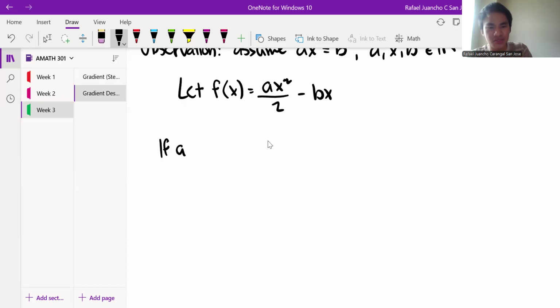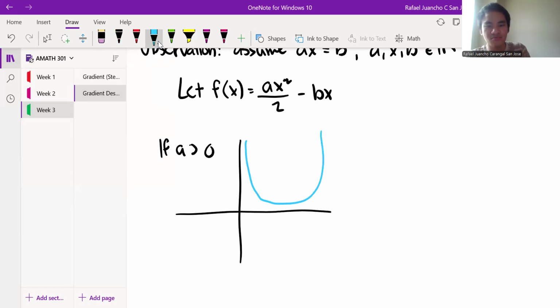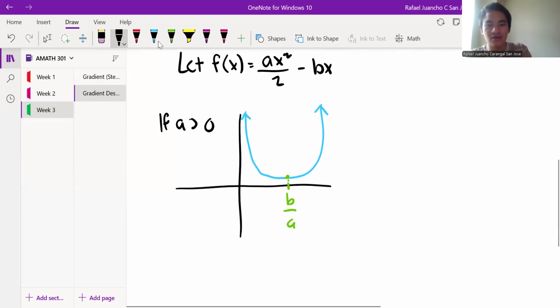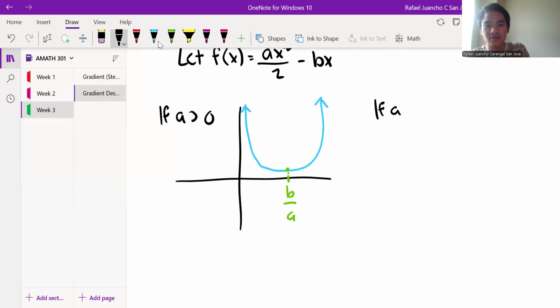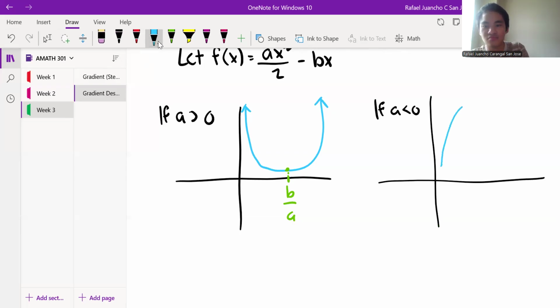And so we do some cases. Well, if our A is greater than 0, well, we have a concave up parabola with its minimum at b over A. And if we have A less than 0, so meaning it's negative, well, now we have a concave down function.